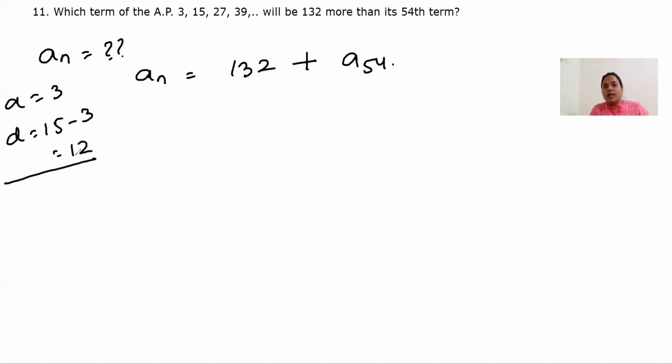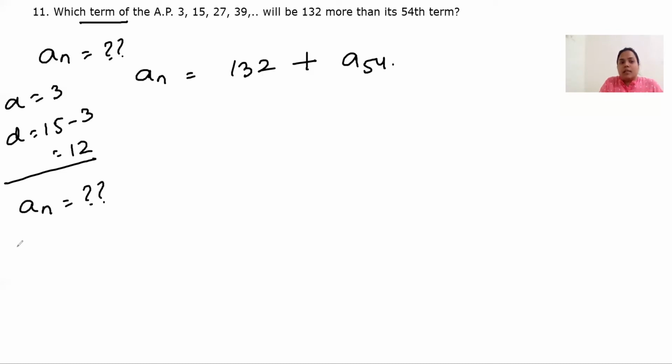So by using A and D, first we have to find A54 and then we can find AN. Okay? And actually we have to find N, which term they are asking. So we'll find AN first and then we have to find N also. Clear?